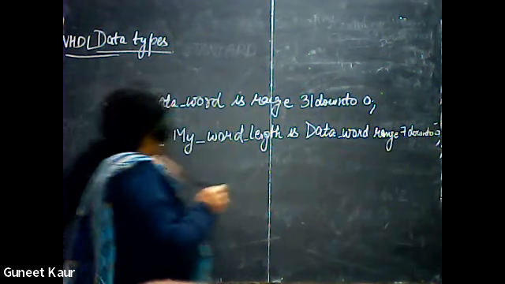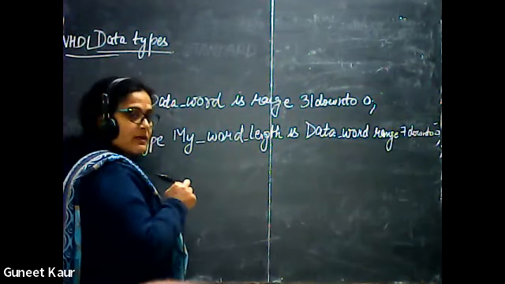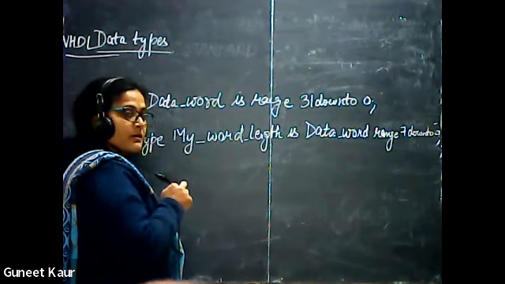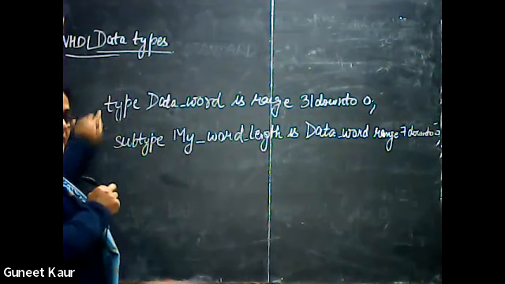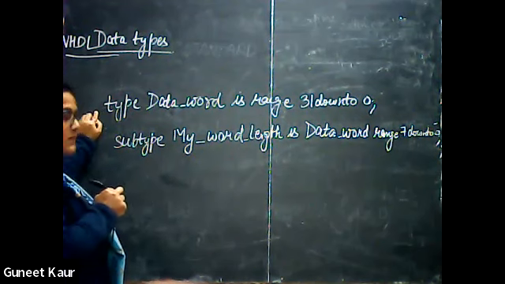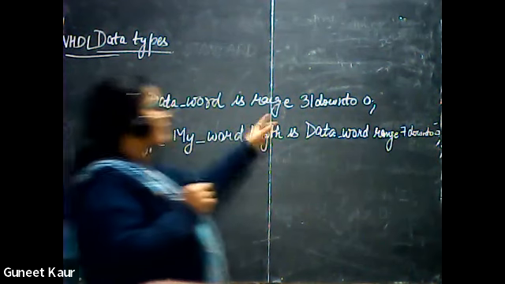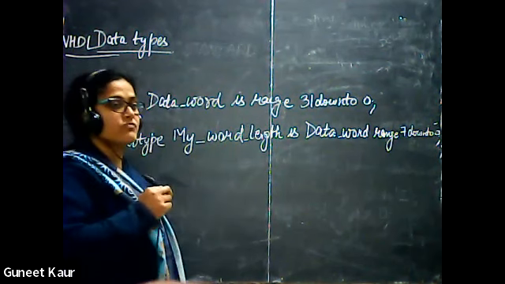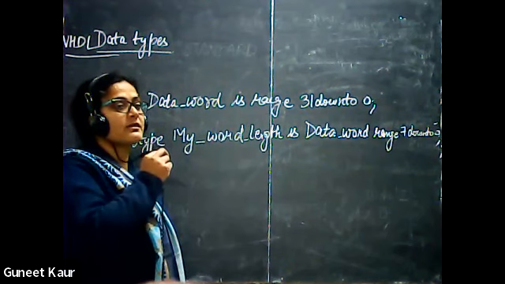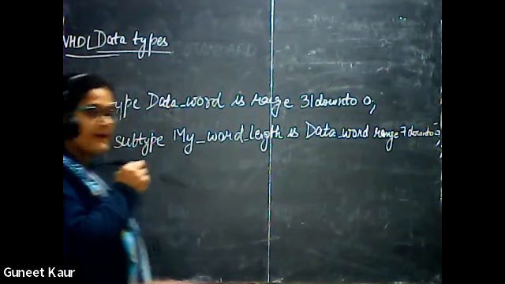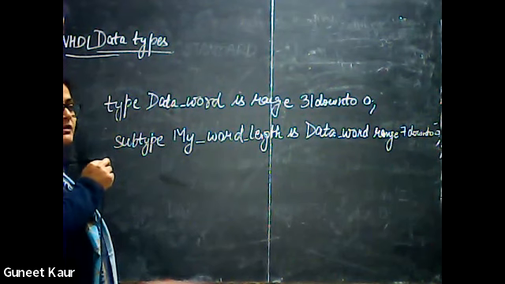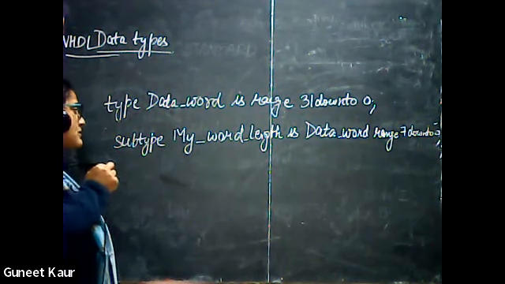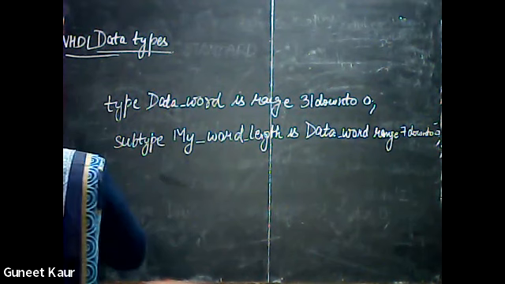So this subtype is related to this type. This is the main type, and this is the subtype which is using it. It does not use 31 downto 0. It only uses the range from the main type, that is 7 downto 0 only. So this is the example for the subtype.